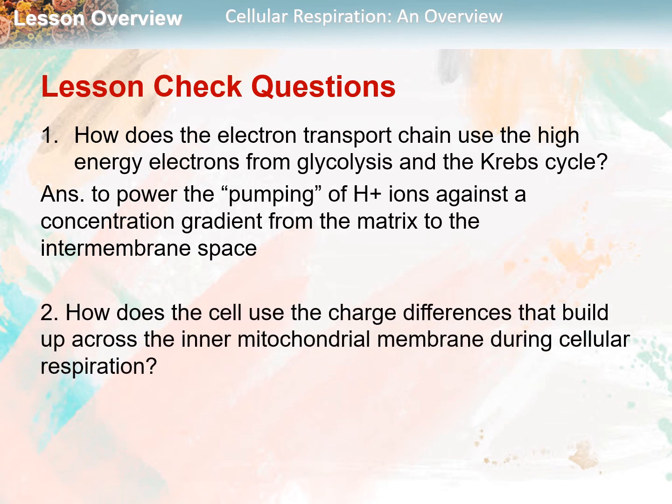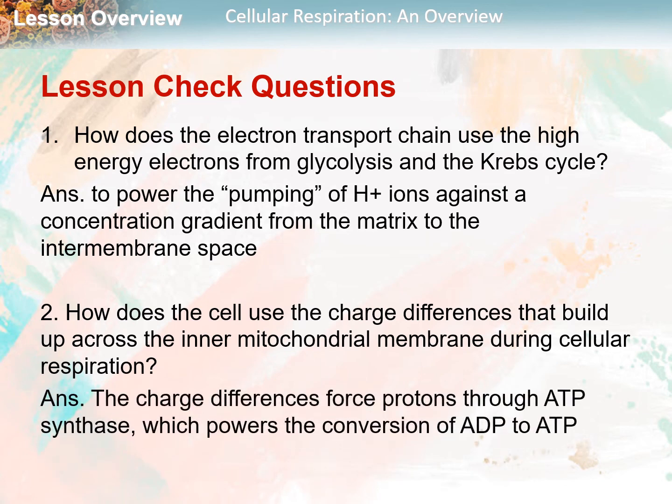Number 2 question. How does a cell use the charge differences that build up across the inner mitochondrial membrane during cellular respiration? The answer is the charge differences force protons through ATP synthase, which powers the conversion of ADP into ATP.